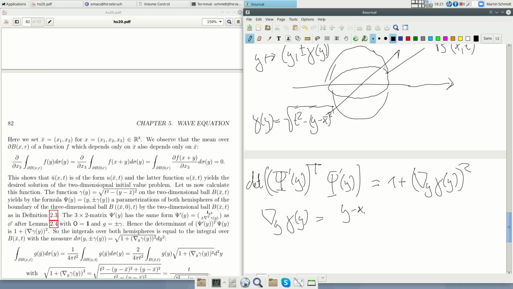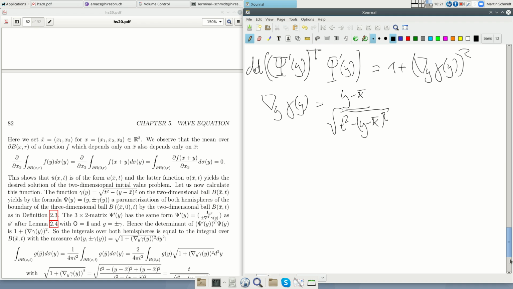We get y minus x bar over the square root of t squared minus y minus x bar squared. So the determinant is 1 plus the gradient of gamma squared, which is y minus x bar squared over t squared minus y minus x bar squared. Now we bring both on the same numerator.